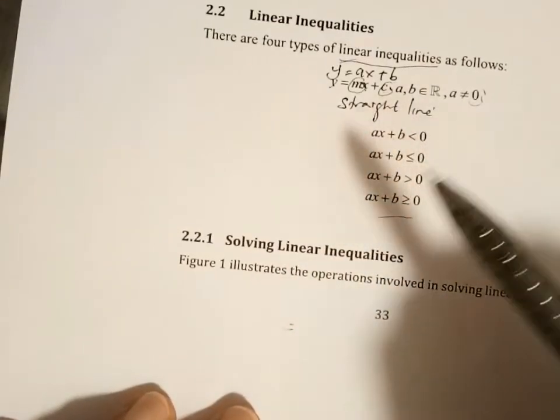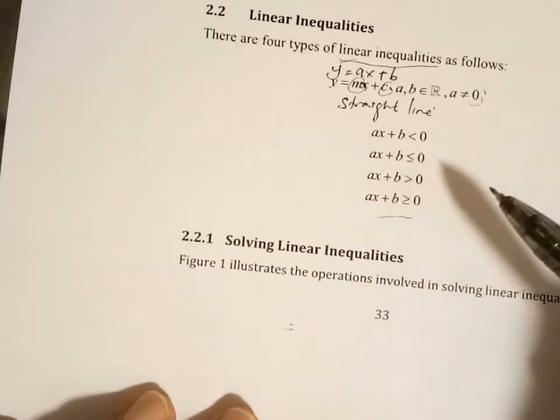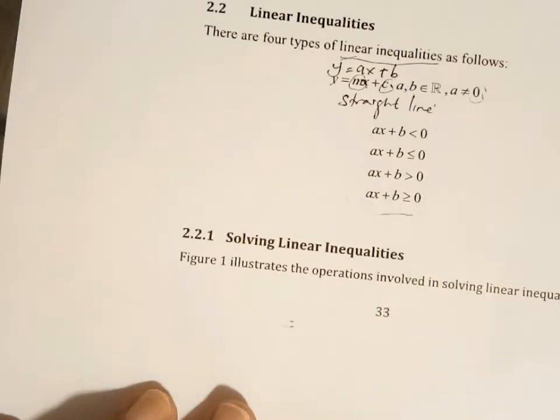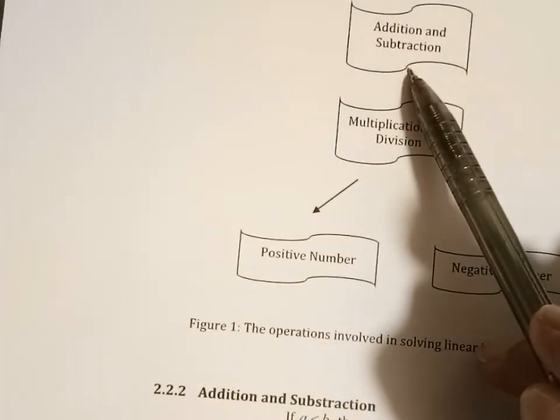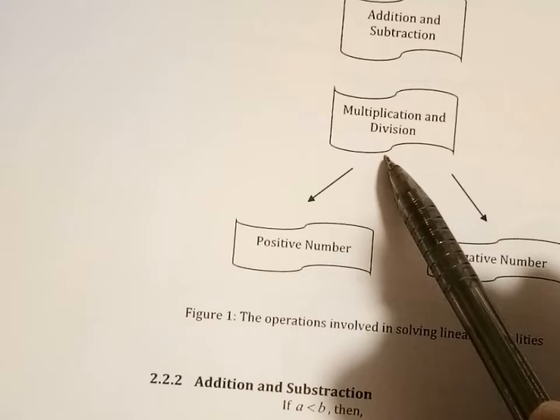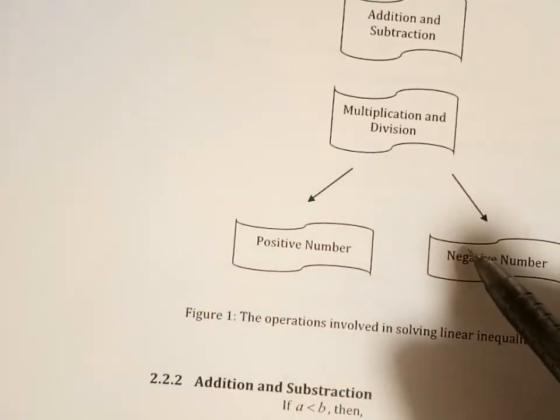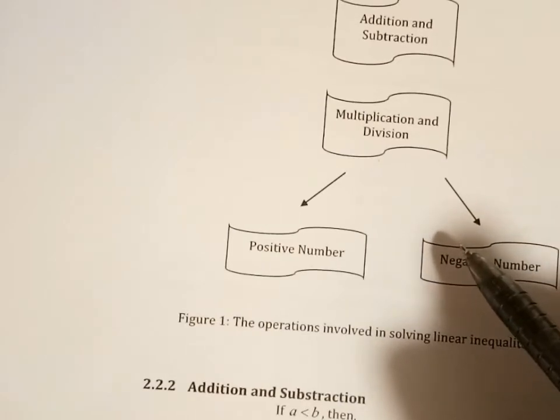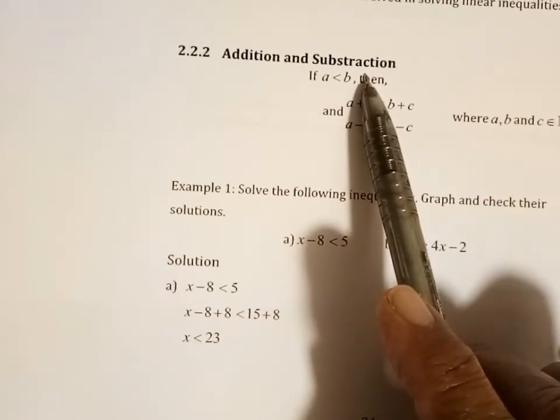The operations involved in solving linear inequalities are addition and subtraction, multiplication and division, which involve positive and negative numbers. Same as operations in numbers, we also have operations in inequalities. First, we look at addition and subtraction of linear inequalities.